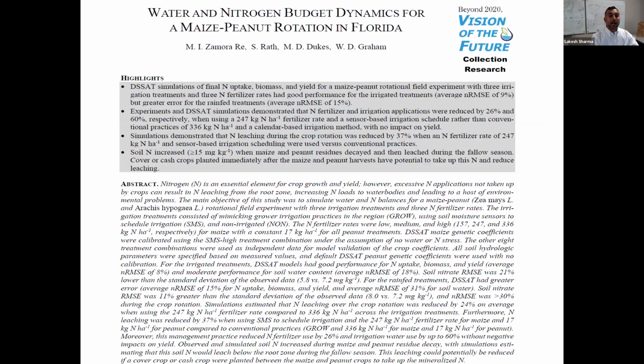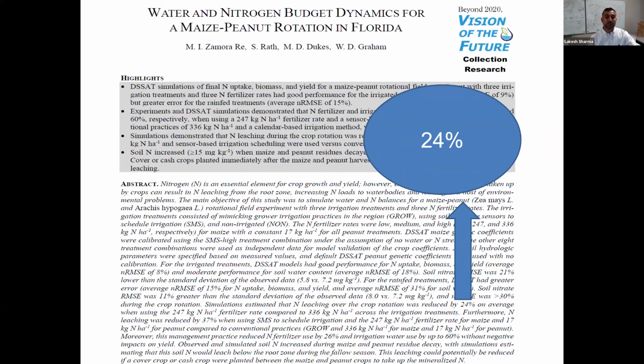I would give full credit to Dr. Dukes and Dr. Wendy Graham and their team for modeling in a 5-year study of irrigation and nutrient management in the Live Oak area. They used DSSAT and soil moisture sensor work.